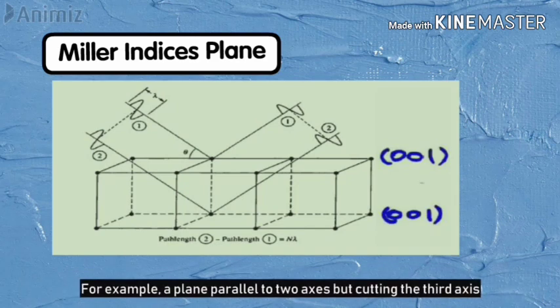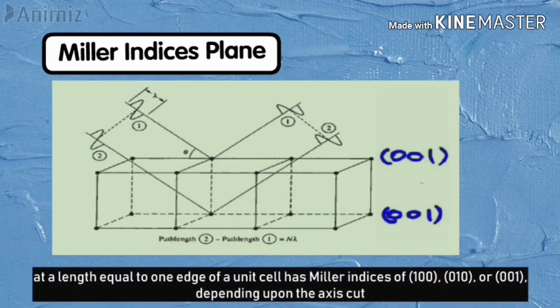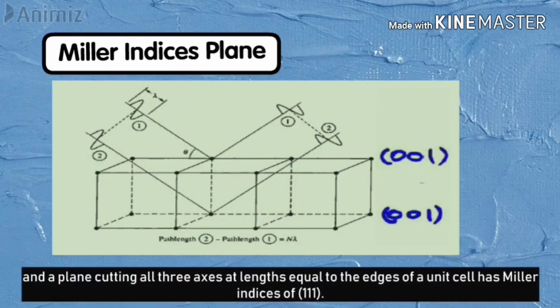For example, a plane parallel to two axes but cutting the third axis at a length equal to 1 each of a unit cell has Miller indices of 100, 010, or 001 depending upon the axis cut. And the plane cutting all three axes at a length equal to 1 each of a unit cell has Miller indices of 111.